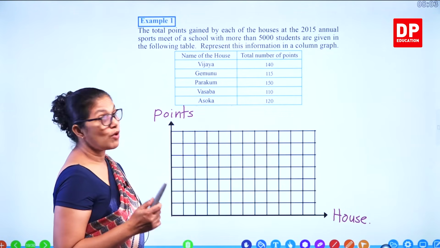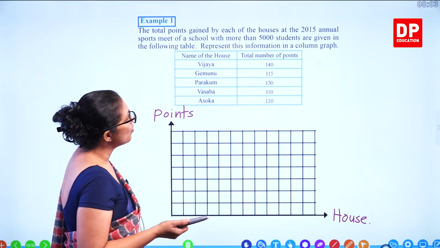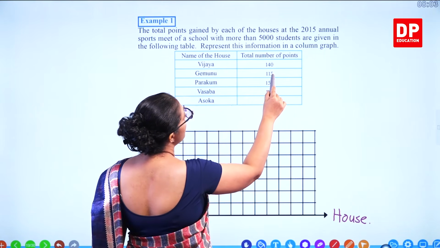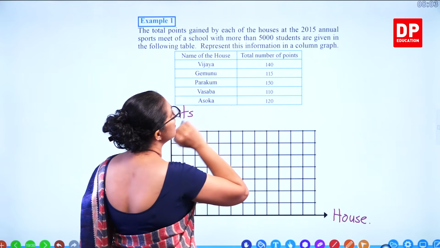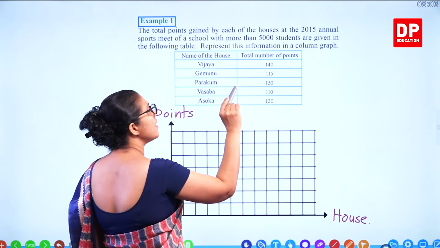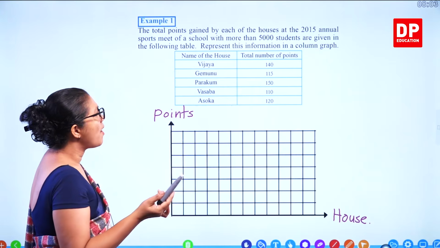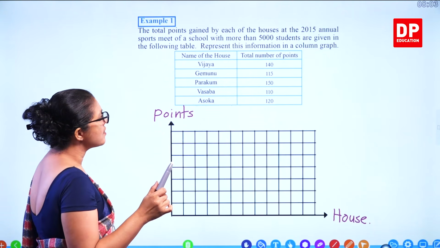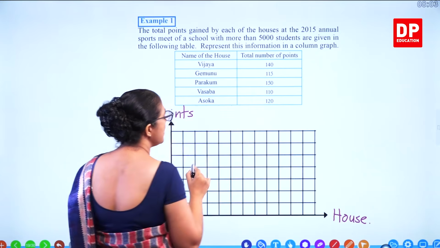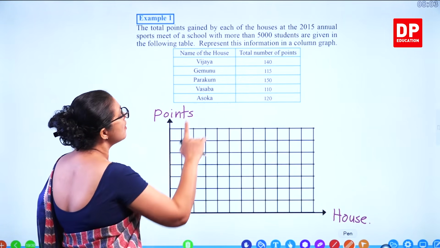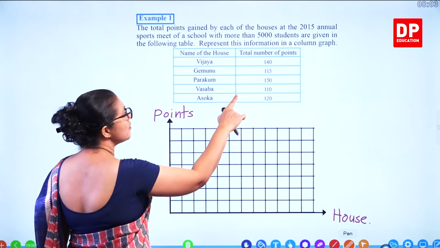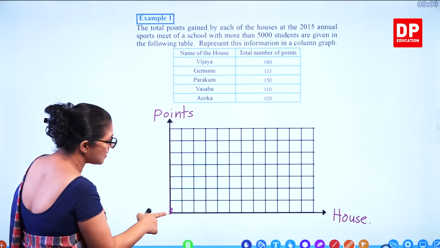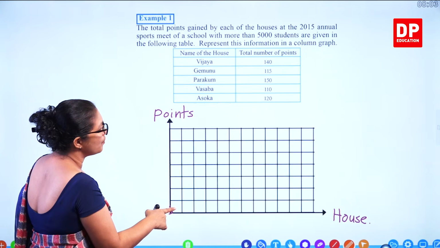Now we have to look at what's the highest and the lowest. So the lowest is 115 and the highest is 150. So here we can start from 100. You don't need to start from 0 because the lowest is 110. So you can put a tick, something like this, that represents not starting from 0.